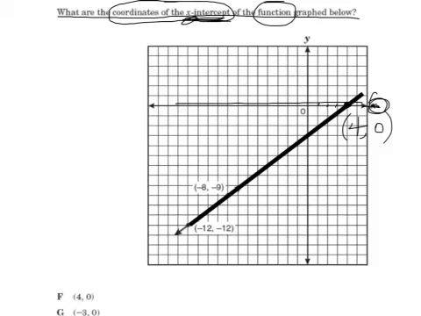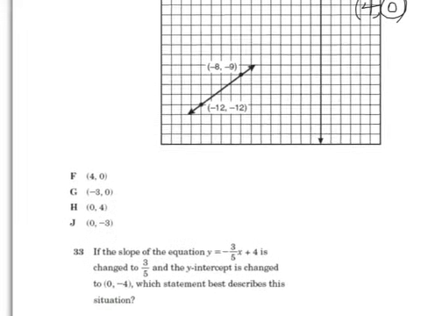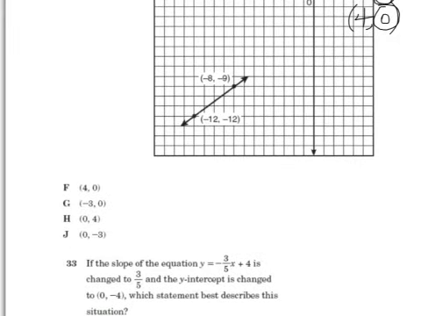Another thing to keep in mind on this problem where it's asking you for an x-intercept is that x-intercepts always have a y value of 0. So even before you draw this line, you can come down to your answer choices and you can say that you know for sure, since we're looking for an x-intercept, that your y value needs to be 0.